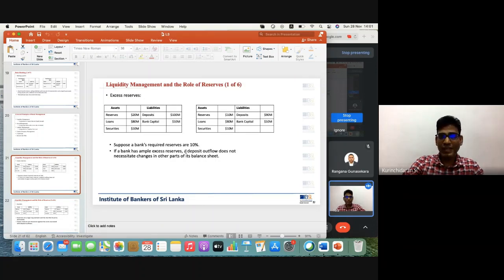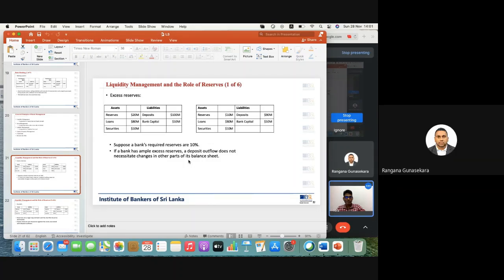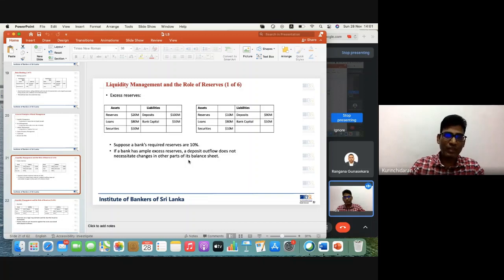So how much do you have to maintain as a reserve, at minimum? Anybody? 10 million, very good. Now, currently you are maintaining 20 million, so you have excess reserves.